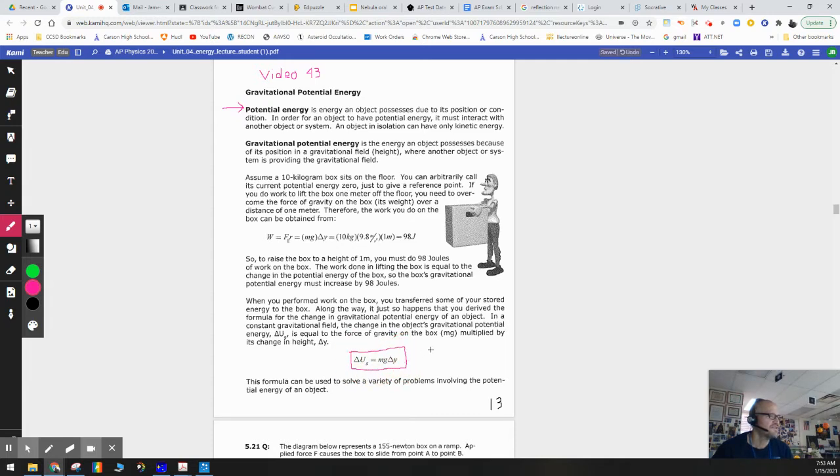The only stipulation is when we're close to Earth's surface. When we mean close, we mean like 10 meters or so. Okay, close to Earth's surface.